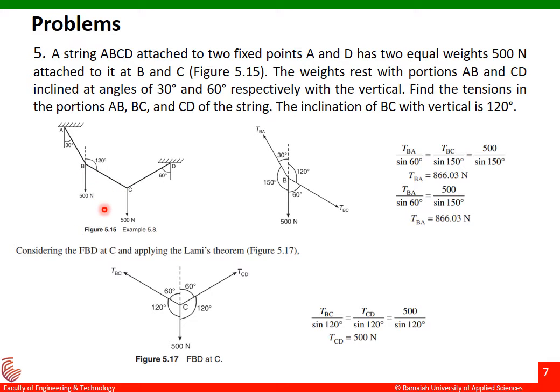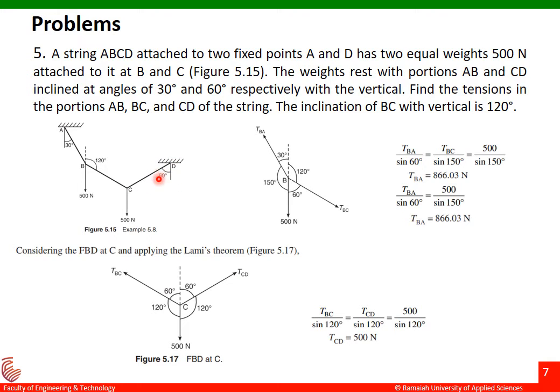Next, the weights rest with portions AB and CD, inclined at angles of 30 degrees and 60 degrees. You can see AB is inclined with respect to the vertical at 30 degrees and CD is inclined with respect to the vertical at 60 degrees.